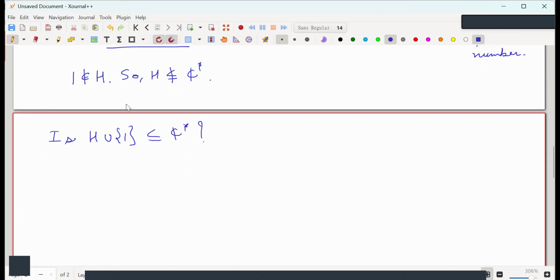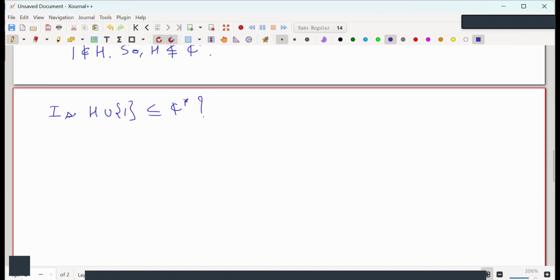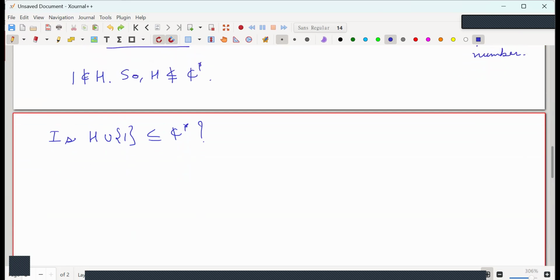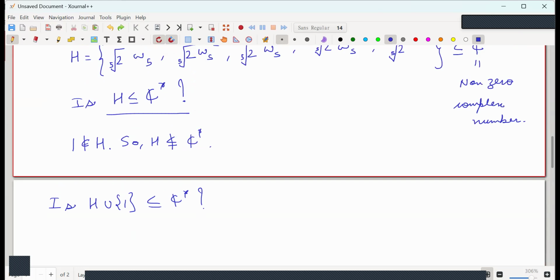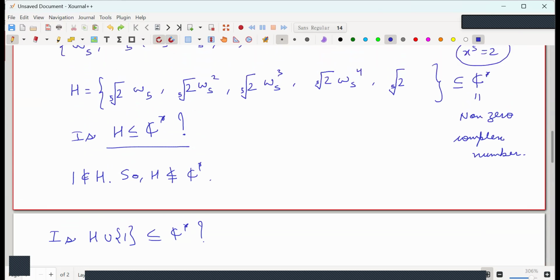Before going to inverse, is it closed under multiplication? For inverse also you need to compose two elements, right? No, sir, that length will keep increasing with multiplication.